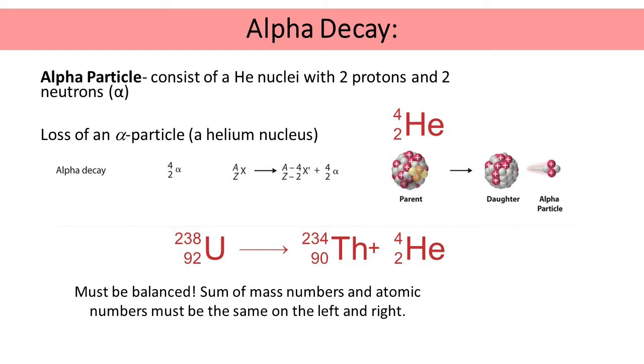And in thorium, 90 and helium 2. If you combine helium and thorium, you get 92. So just remember, the left side, which is the reactant, and the right side, which is the product, must always be equal in both atomic mass and atomic number.